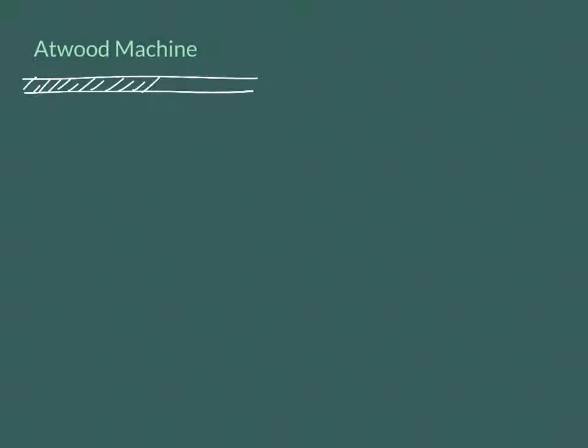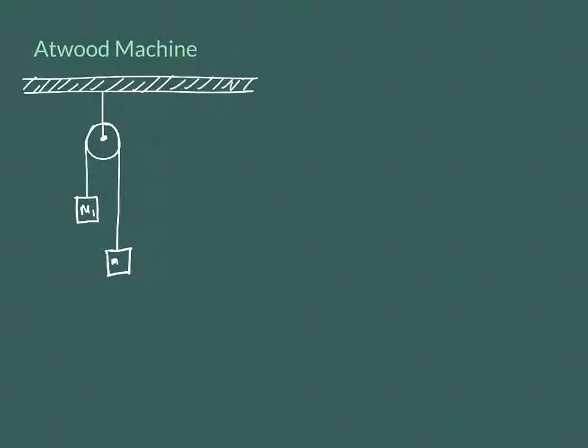so I'm going to have a ceiling here. And from this ceiling, I am going to hang a rod that contains a pulley. And hanging off that pulley are two masses connected by one rope.